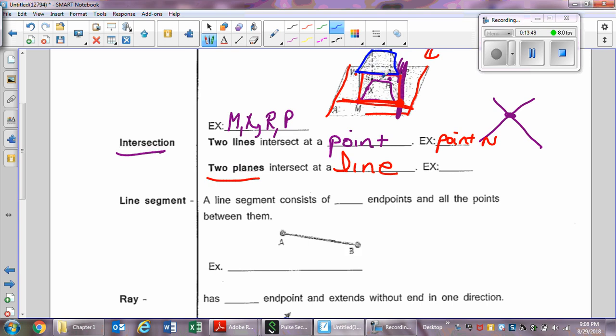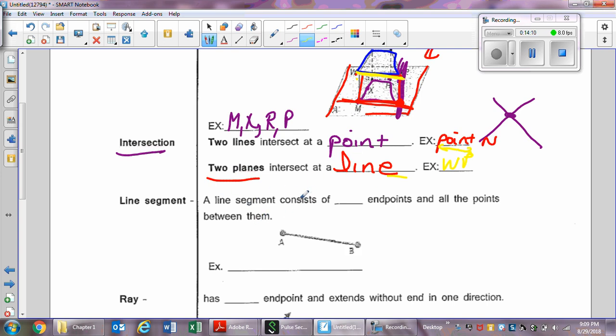So where do the two intersect? See how these two intersect on this yellow line here? The top and the side plane. So the intersection will be WP for them. Okay. And we'll go more on this when we get to class.